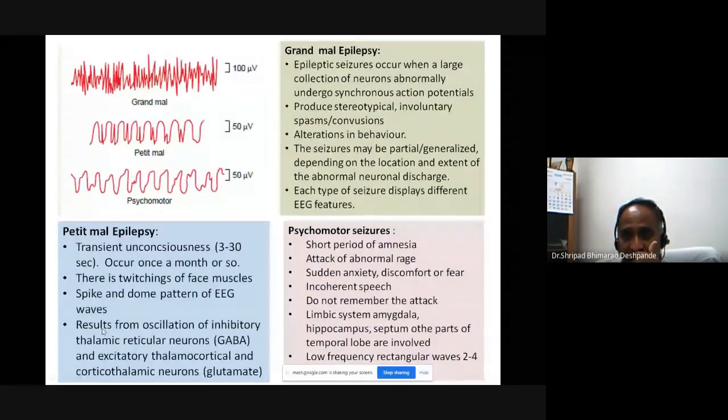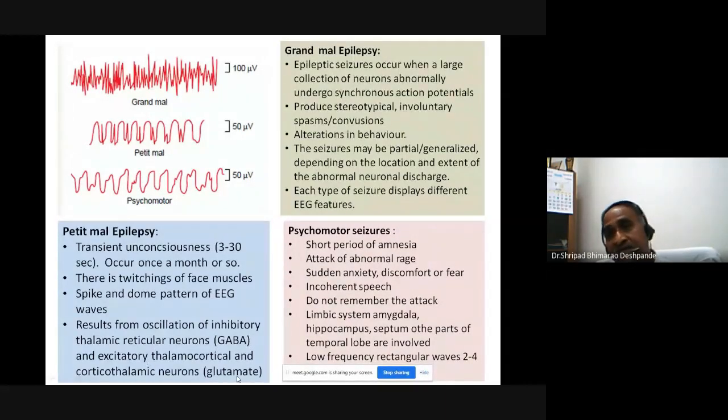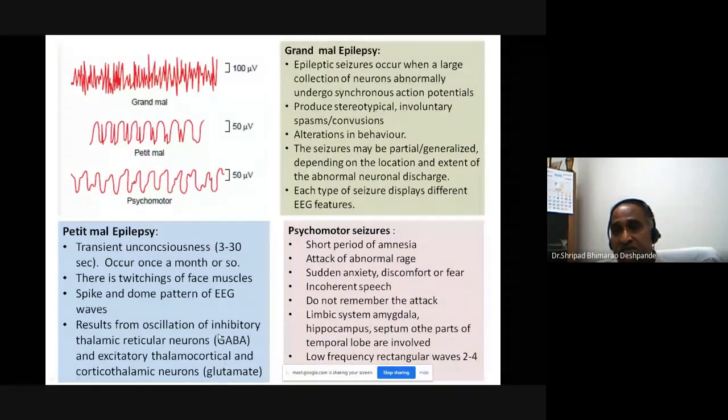Okay, then this results from the oscillation of the inhibitory thalamic reticular neurons, which is GABAergic, and the excitatory thalamocortical and corticothalamic neurons, that's glutamatergic. This is the oscillation between them, and because of that you get the spike and dome pattern.